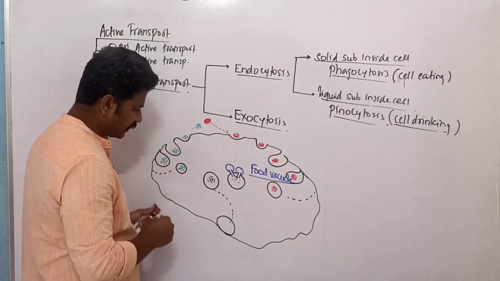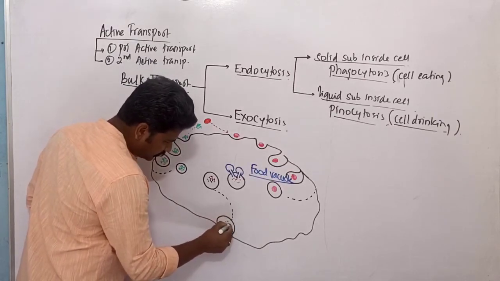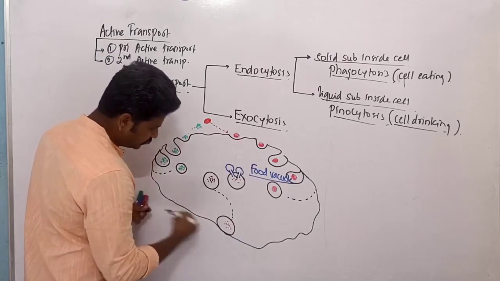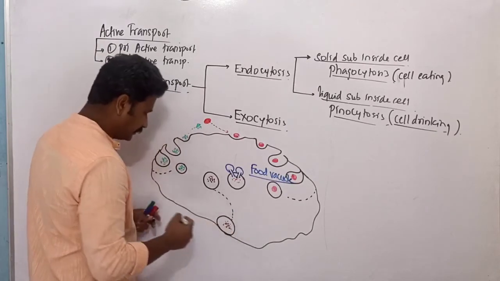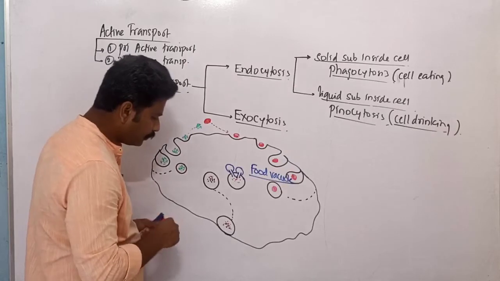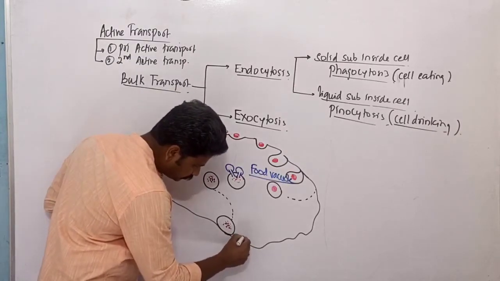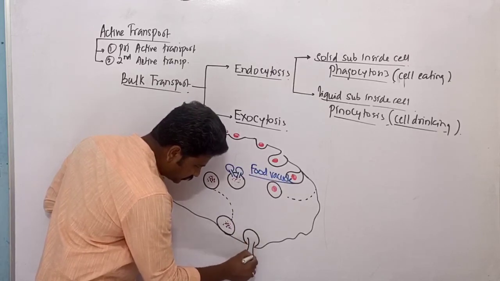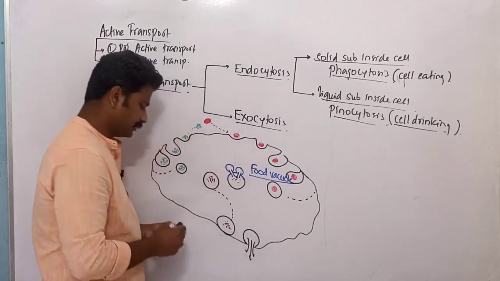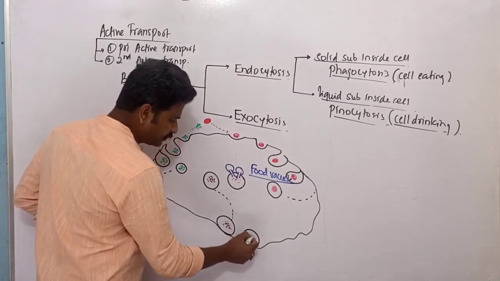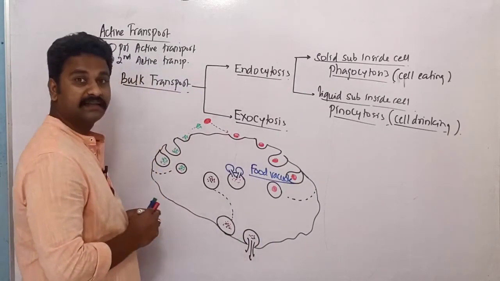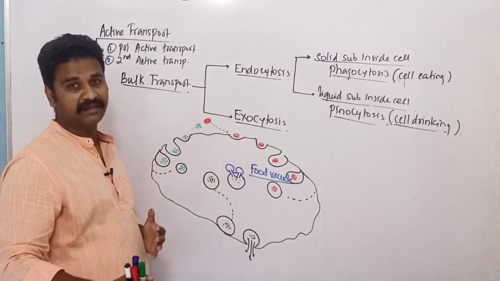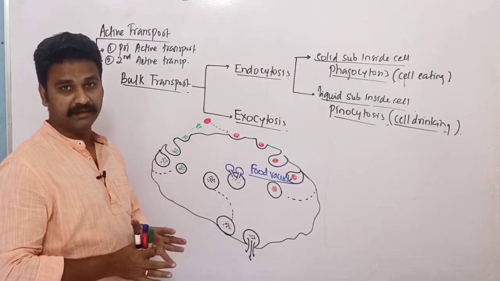This vacuole has undigested food material as well as waste products, and now the plasma membrane will open up like this to throw these substances outside the cell. So this process is called exocytosis because the substances are moving outside the cell in bulk quantity.